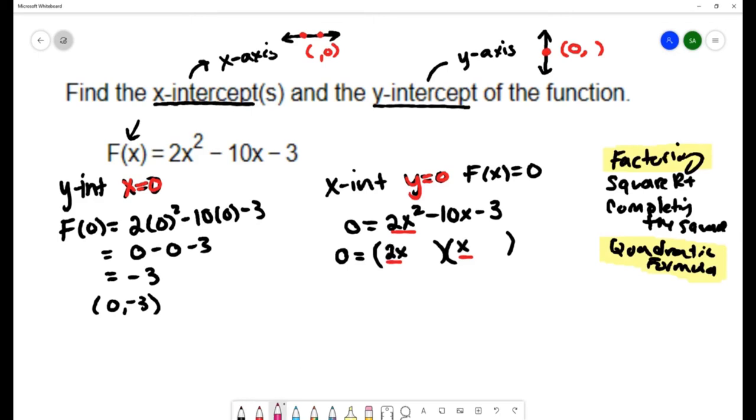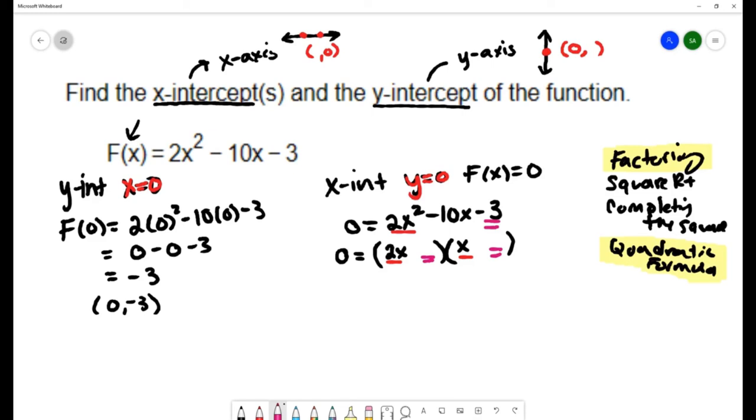Then the numbers that go in the back need to multiply to be this last number. That last number is a 3, and 3 only has one pair of factors, that's 1 times 3. So we're lucky in this example that we have very few choices for factoring, and that can help us figure out if it can factor very quickly.